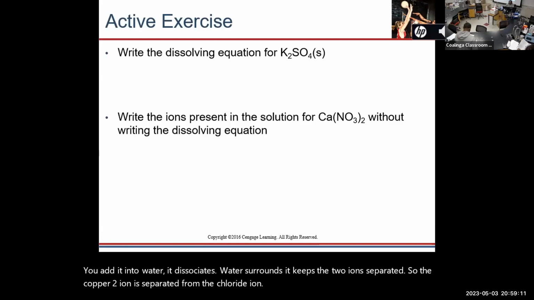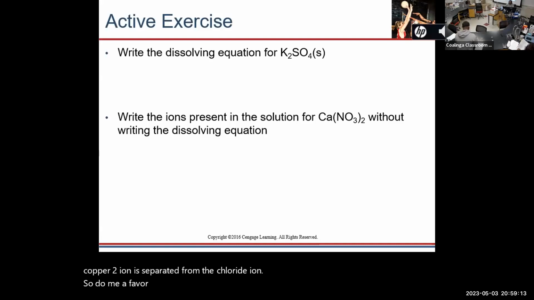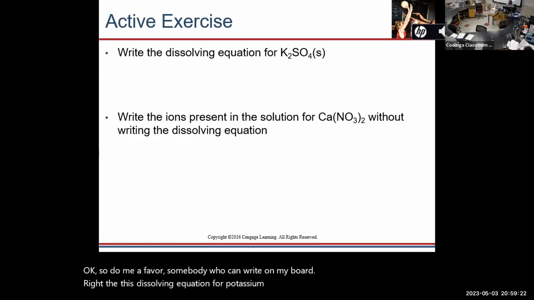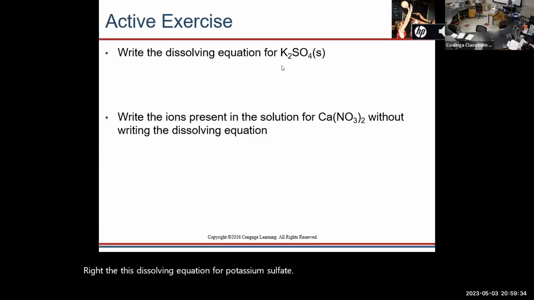Okay, so do me a favor. Somebody who can write on my board, write the dissolving equation for potassium sulfate. Brenda, are you going to help me out?